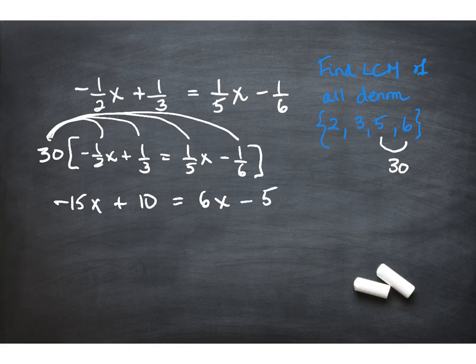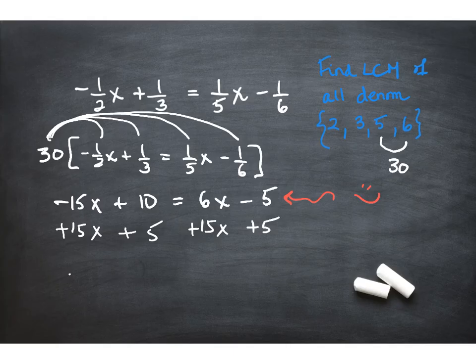Now you have a really nice regular equation that you're used to solving, and you know what to do, right? You can just combine your like terms. So let's add 15 to this side and add 5 to this side.